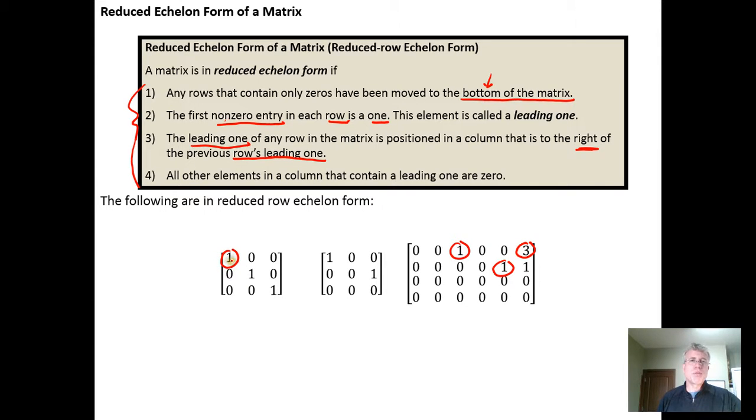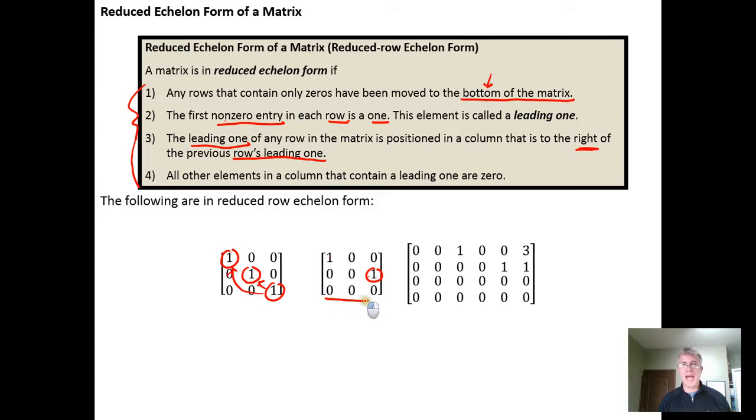And it's going to be vacuously true that it's to the right of all preceding rows' leading ones, because there are no preceding rows. Here, this row's leading one is positioned to the right of the previous row's leading one, and this leading one in row 3 is positioned to the right of each of the other two rows' leading ones. So if you look through each of these examples, the leading one is always going to be to the right of all of the previous rows' leading ones.